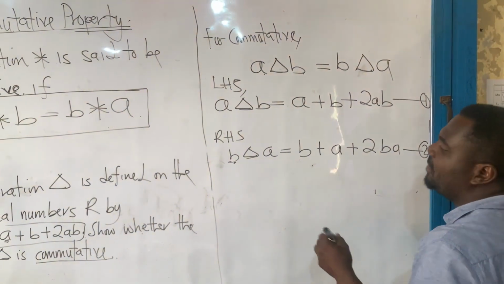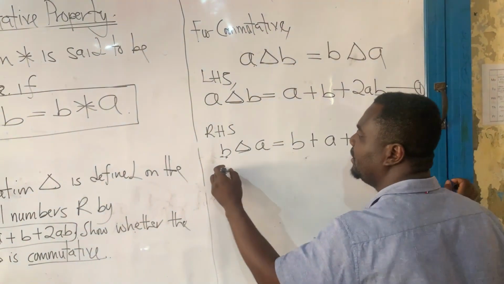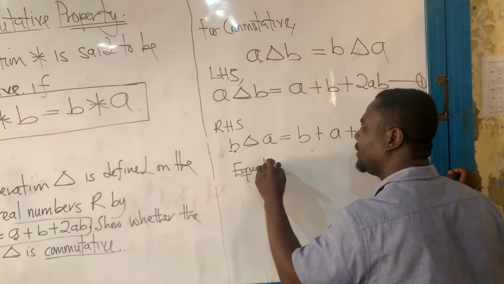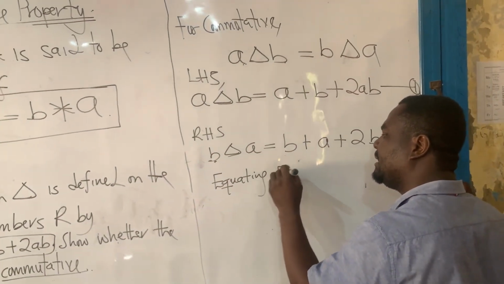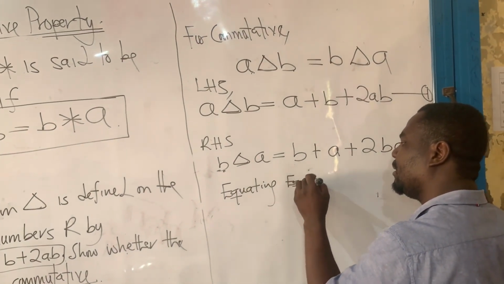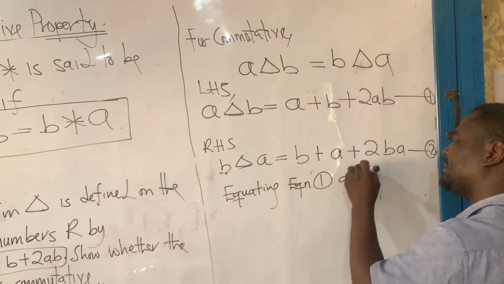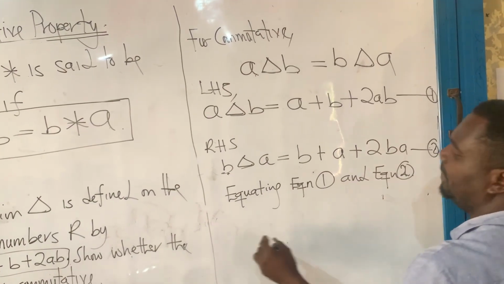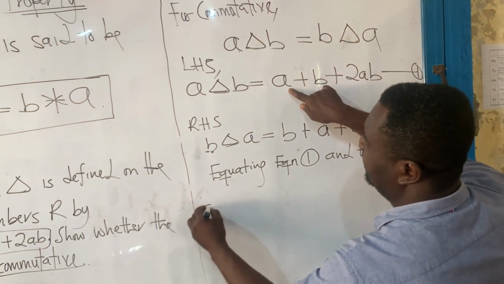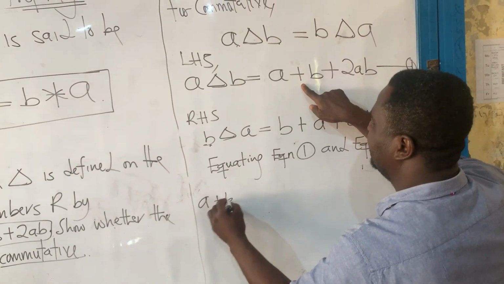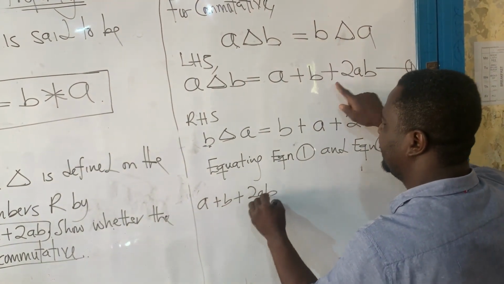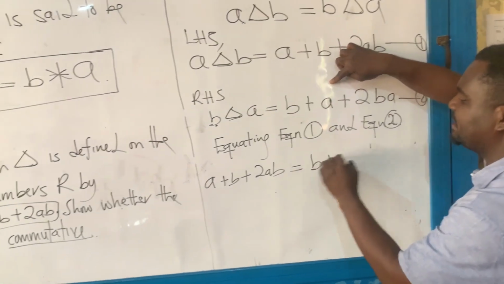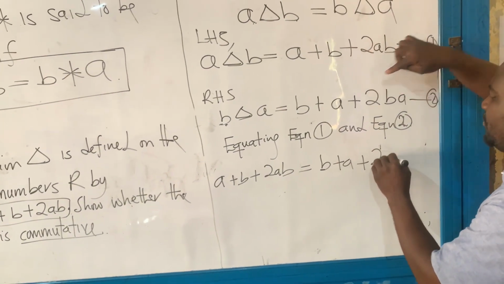So when you compare equation 1 with equation 2, equating equation 1 and equation 2, we had equation 1 to be A plus B plus 2AB equal to equation 2, which is B plus A plus 2BA.